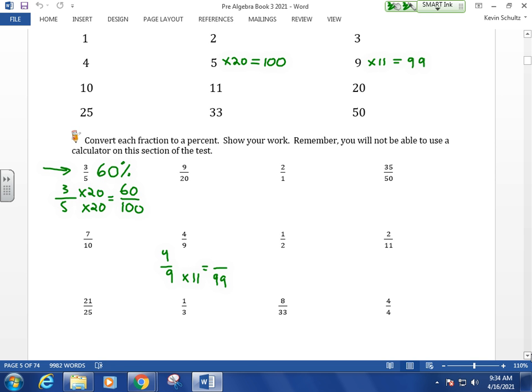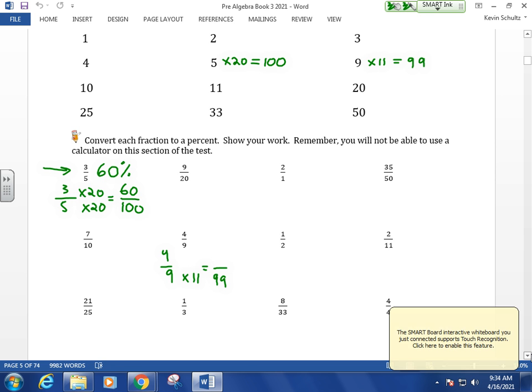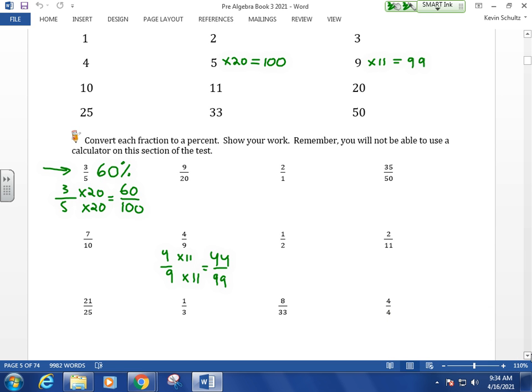To get us a denominator of 99, which, like I said, is it exactly 100? No, but it's close enough. So that when we multiply by 11 up top, and we get the fraction 44/99, we can say that this is 44%. Okay?